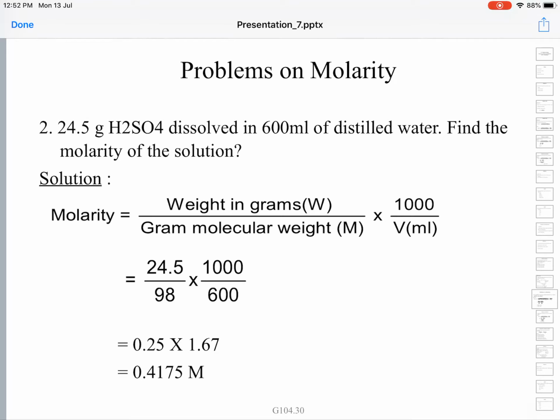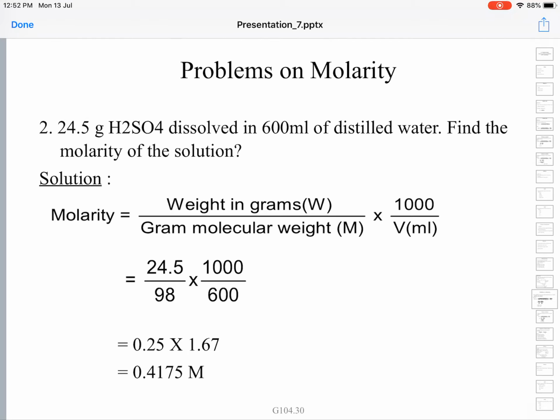Simplifying, 4 into 1000, the 4 cancels, giving 1000 by 250. Then 250 by 600 comes to 25 by 60, or 5 by 12. 5 by 12 comes to about 0.4175 molar solution.